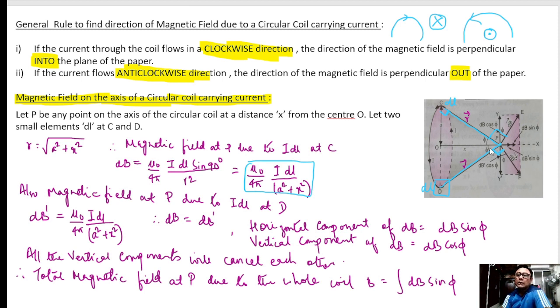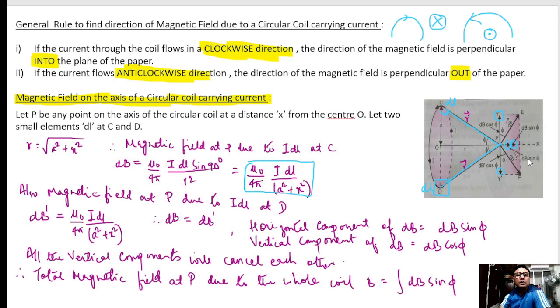Clear? If this is phi, this angle is also phi. So there are two components of the magnetic field: dB sin phi and dB cos phi. Similarly, due to the lower part, there is again dB sin phi and dB cos phi. Now this dB cos phi will cancel each other. So due to the opposite dl elements, the magnetic field at the center will be the summation of dB sin phi.